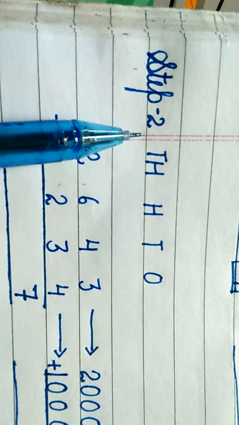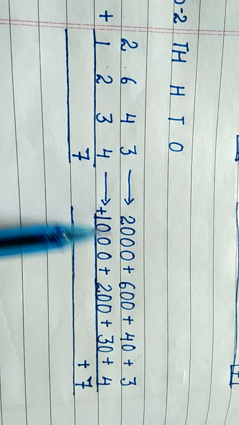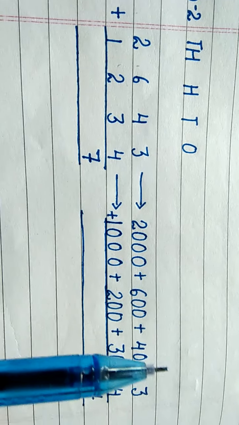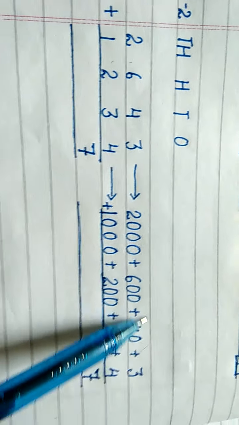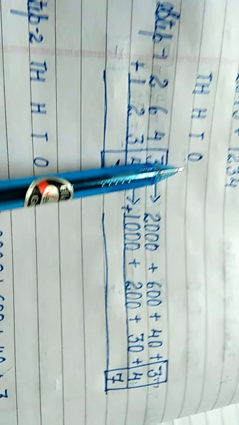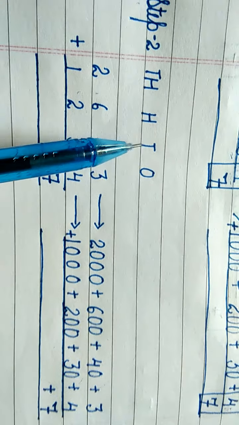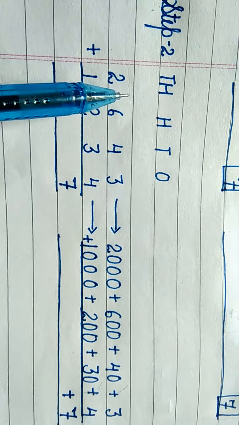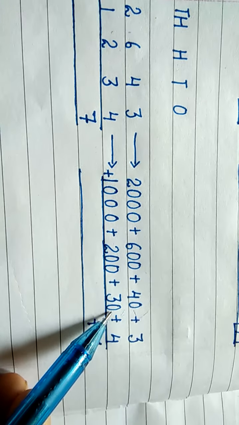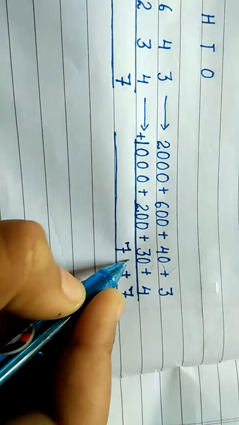Next, step 2. We will write it like step 1. You can see that I have written here. In this also, we will add the expanded form first. I added the ones place in step 1. Now we will go to the tens place in step 2. 40 plus 30 is equal to 70.